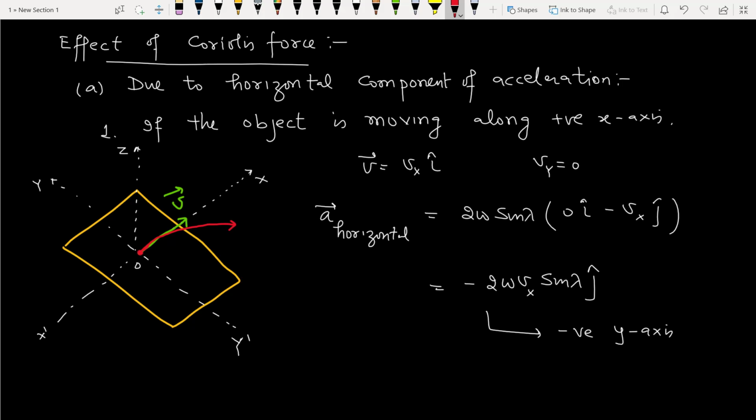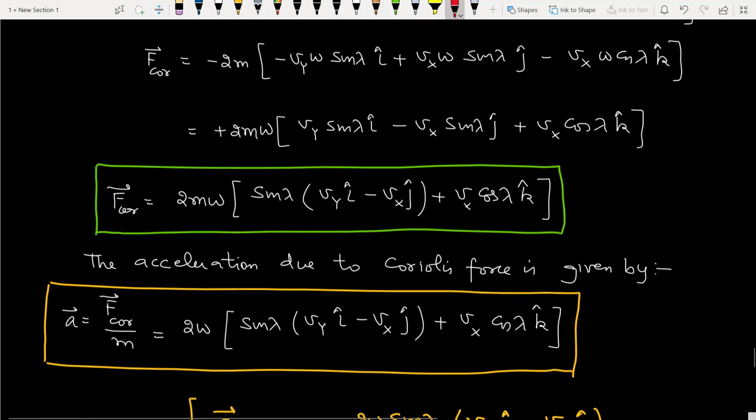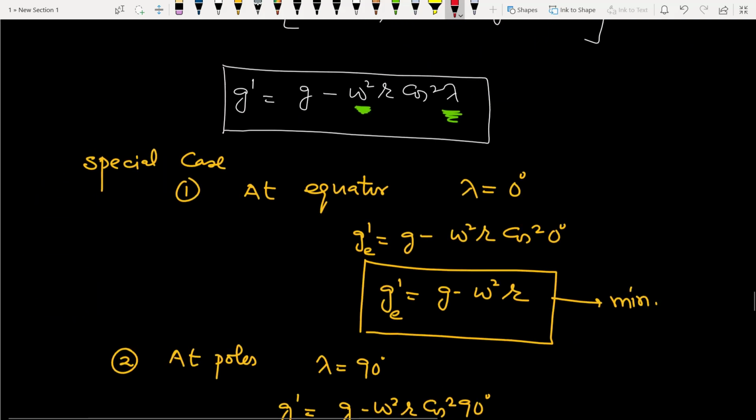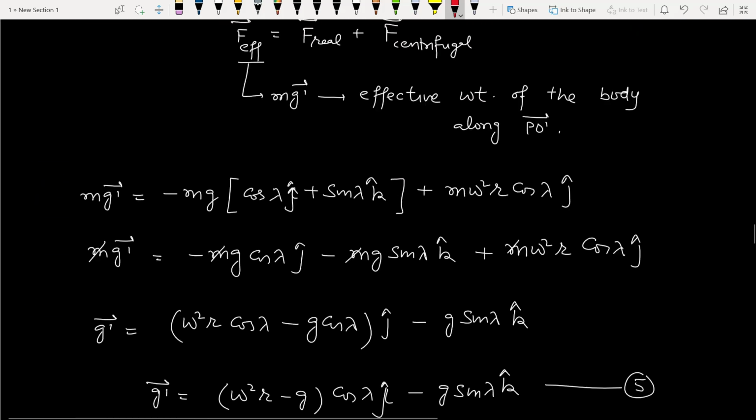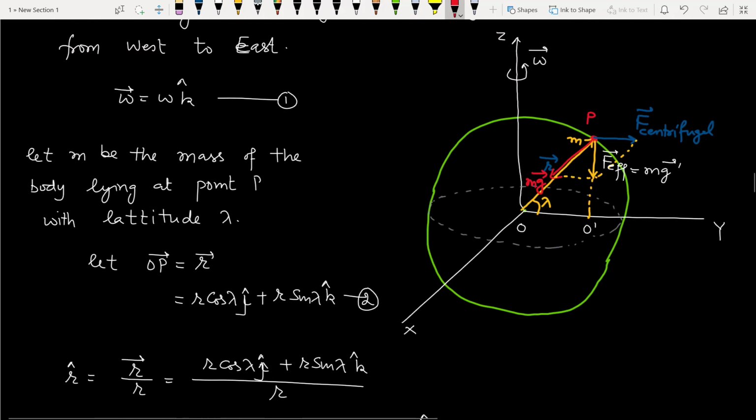All these calculations are in the northern hemisphere. Whenever we draw the diagram, we always take the point P in the northern hemisphere. You can also see the previous article here. P is in the northern hemisphere.